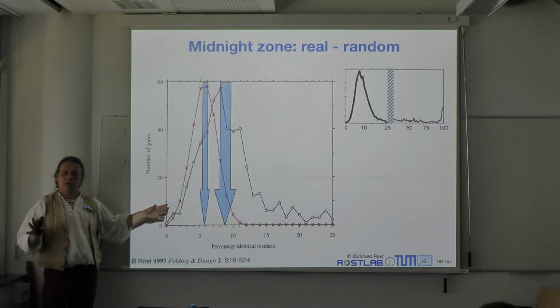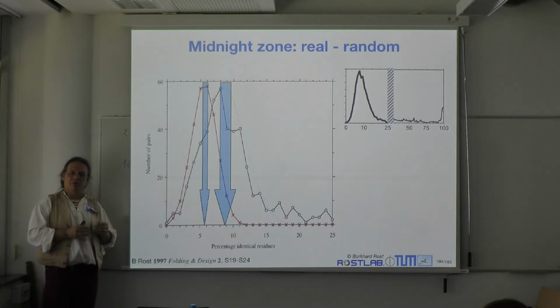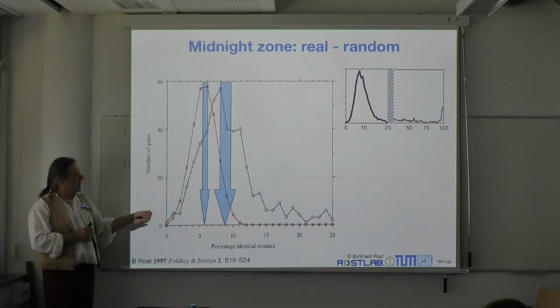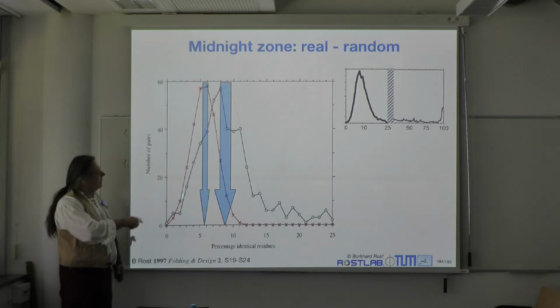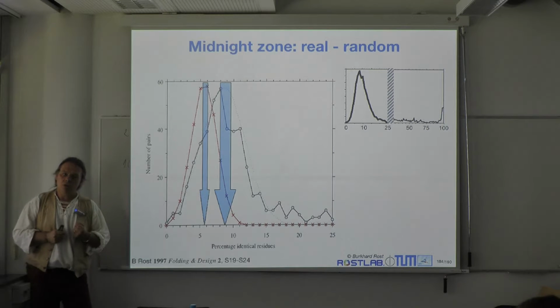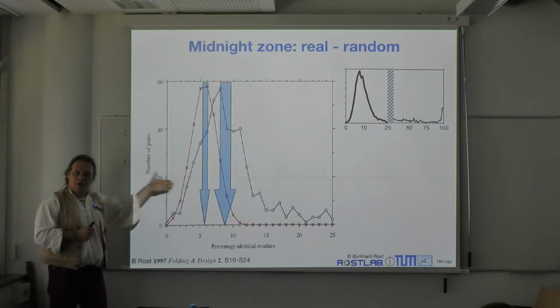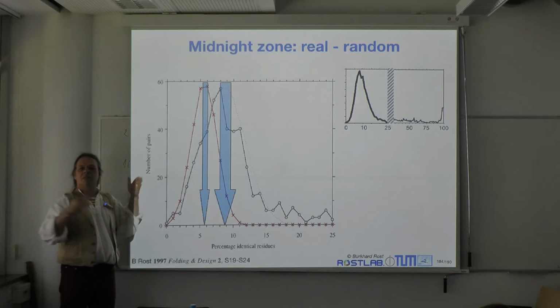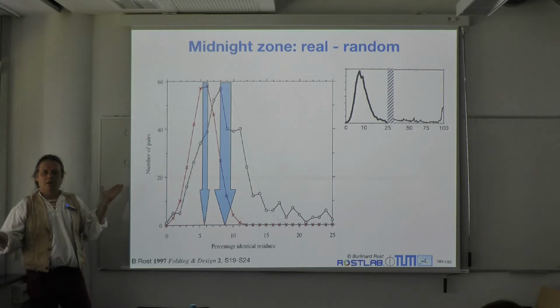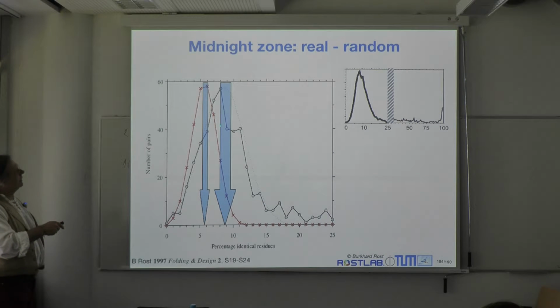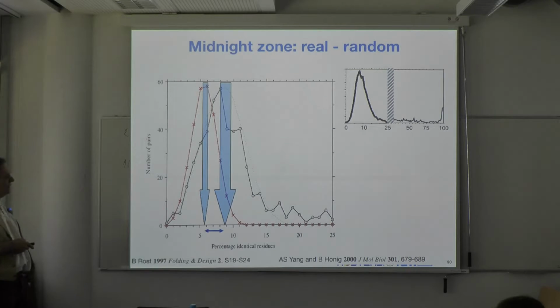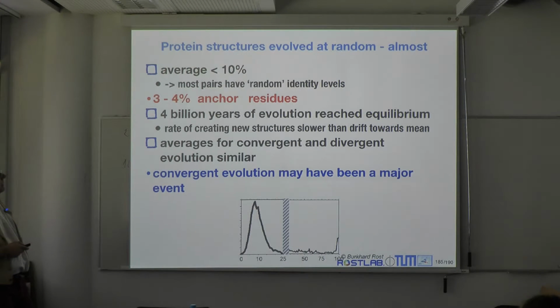Here I misuse it now, converging to a similar fold, diverging from the same sequence while maintaining the fold. And you see that from the data set we see today, this is so low that it could come from here and there, almost at the same probability. Okay? So we cannot tell. What we can tell is that most likely this implies that, in fact, we had enough time in evolution.